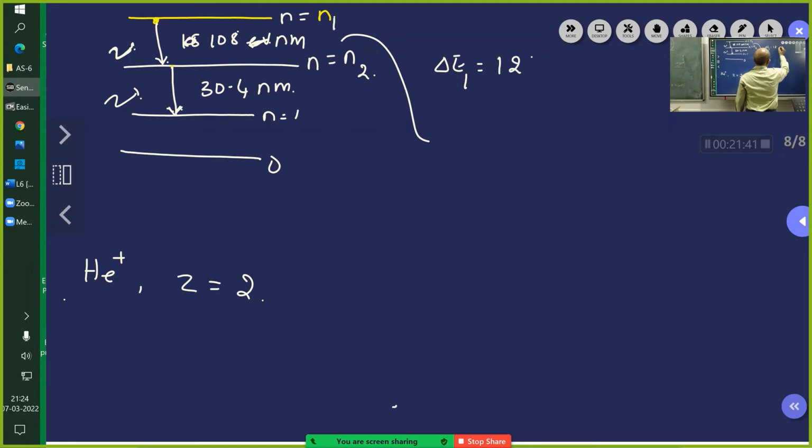12400 divided by lambda, you remember? That is the standard formula.